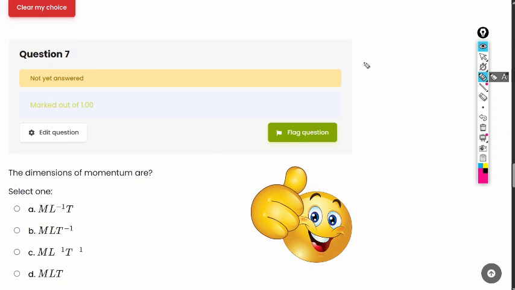Momentum has a formula. The momentum is given by mass times velocity, which we can break down.